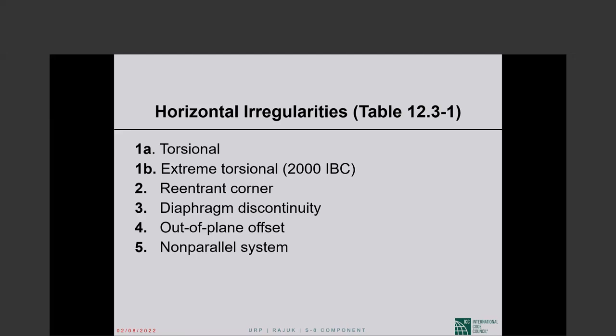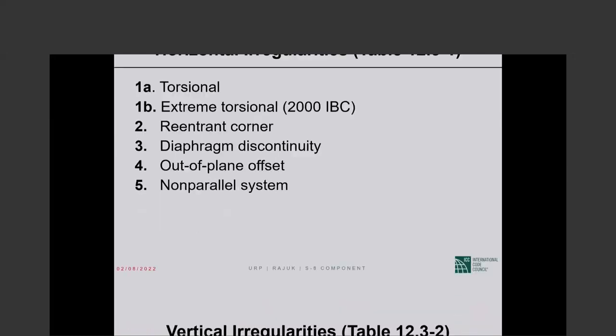I want to take you through basically all of that. What is the definition, and what does ACI 7 ask you to do if you have that particular type of irregularity?